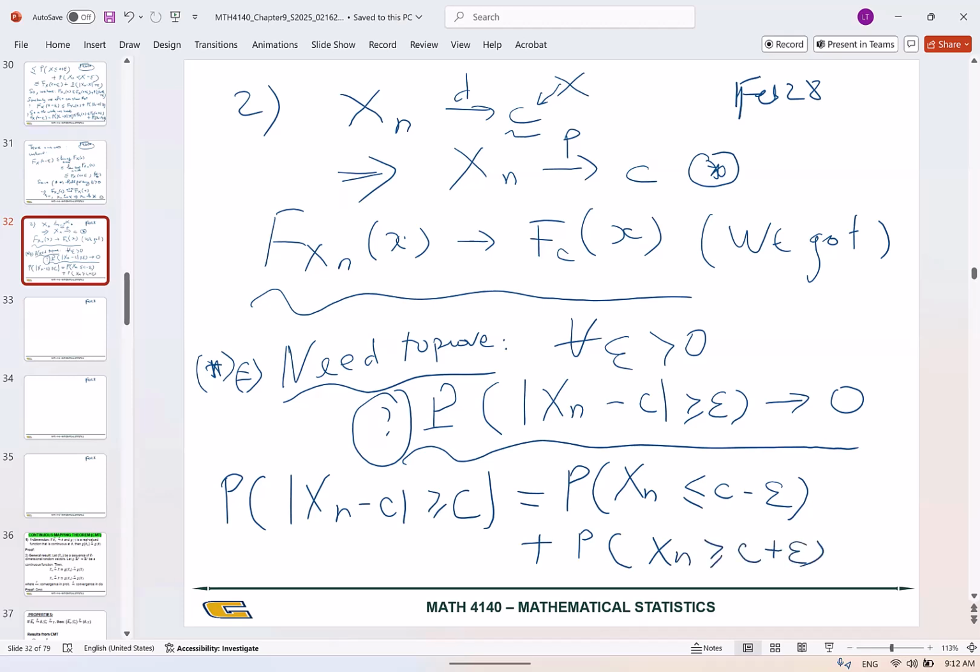This is nothing new, you just take out the absolute value notation, and you get these two sides, either Xn less than C minus epsilon or Xn bigger than C plus epsilon.